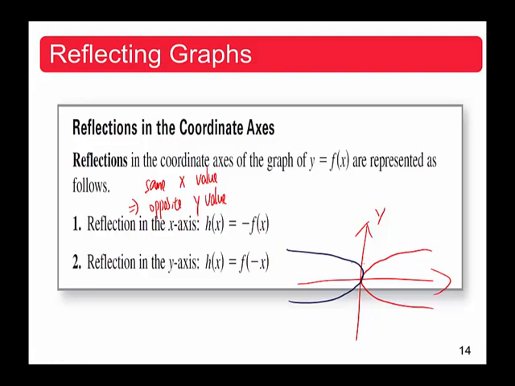So let's say same y value here, but the x value will become opposite. Okay. So with the same y value, this is negative x, this is x. Okay. So that's why when you see the function notation, h of x becomes f of negative x. Okay. So the x value becomes opposite.